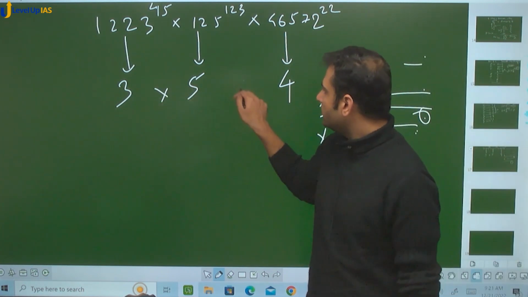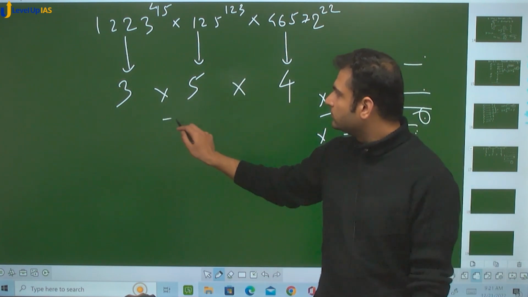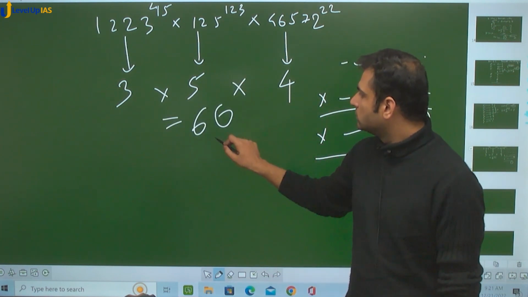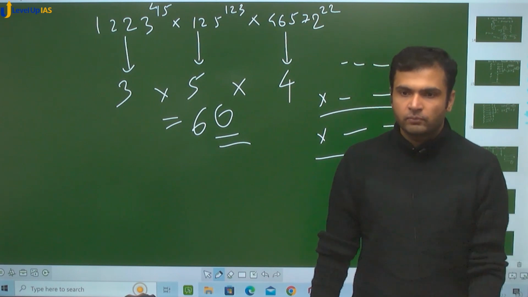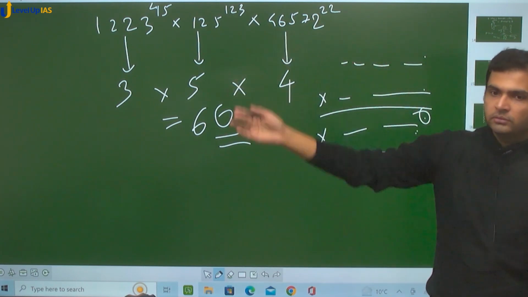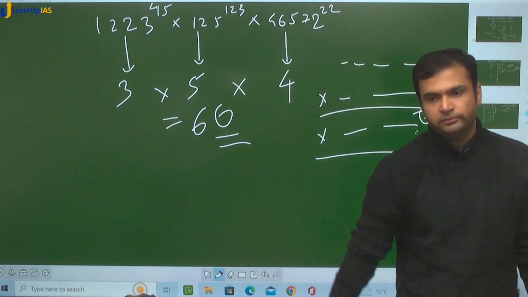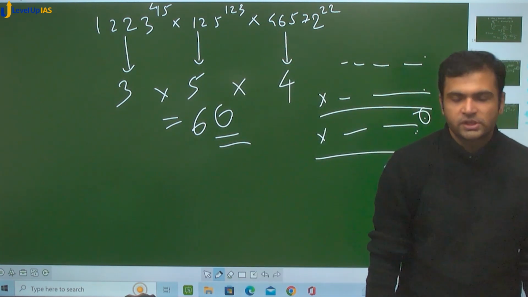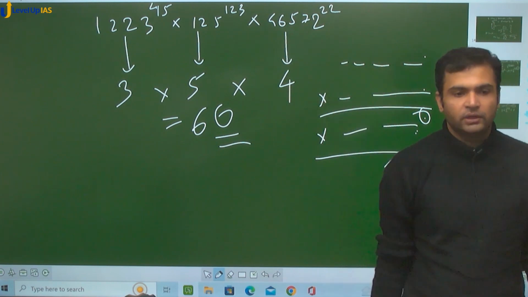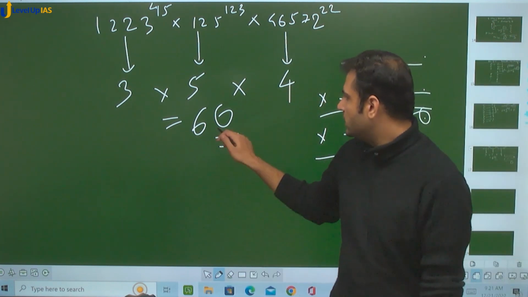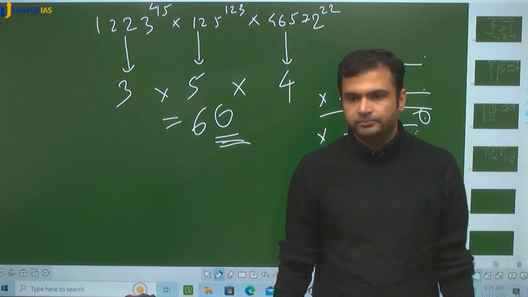The units place of this product is 0, so this number is divisible by 10. In other words, the question might ask whether this number is divisible by 10 or not. So yes, indeed it is.